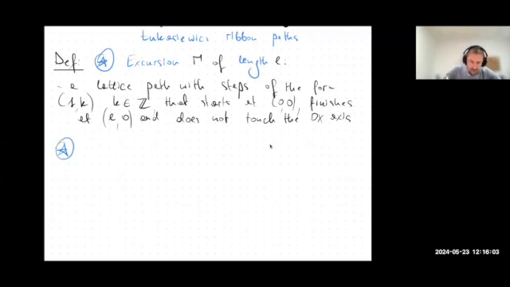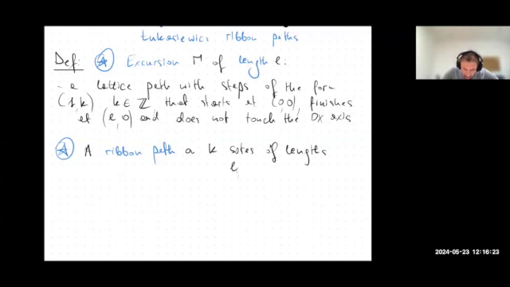So now we can define a ribbon path on k sides of lengths L1, L2, up to Lk. This is an ordered tuple of excursions.